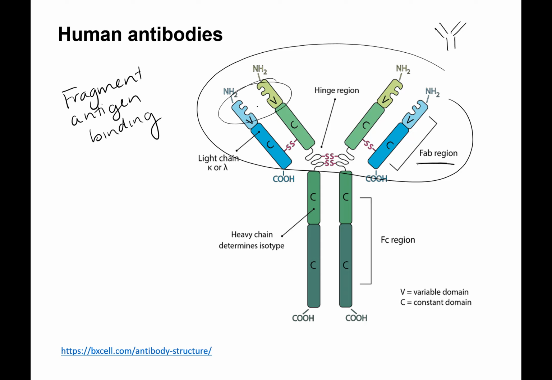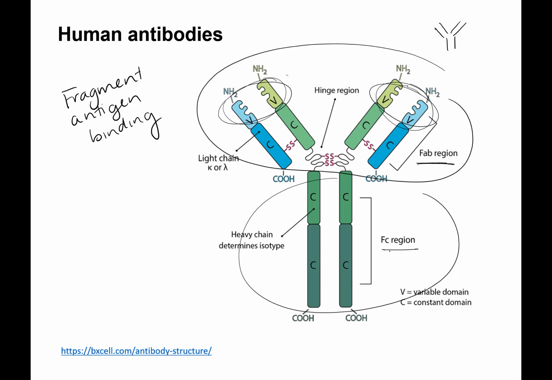So you can see there are also these variable regions, and so these are what specifically bind the different antigens of a foreign substance. So these parts are what's going to bind to, like, the hemagglutinin, say, of influenza.